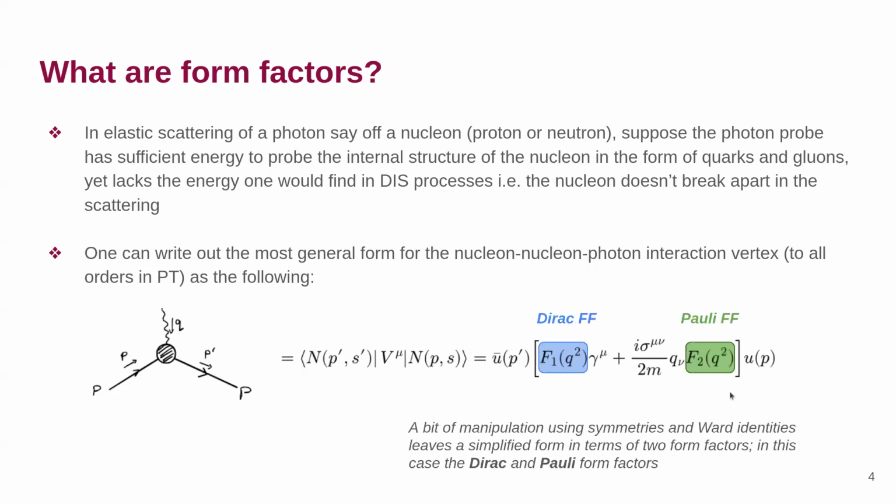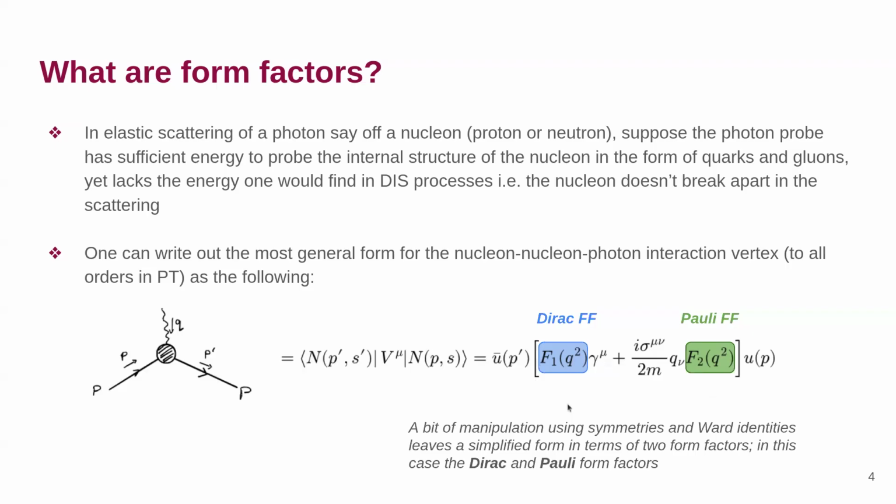Now, I won't go through all the details, but essentially you can manipulate these and use things like the Ward identities to reduce these 4 terms down to just 2. There's a structure involving a gamma mu and then something involving a sigma mu nu q nu. These come with the accompanying form factors F1 and F2.